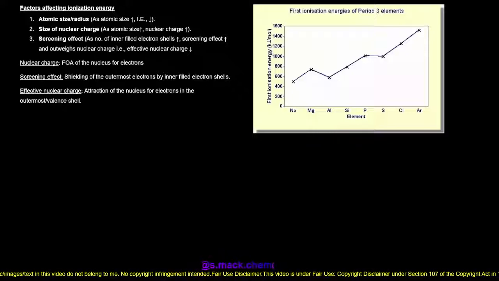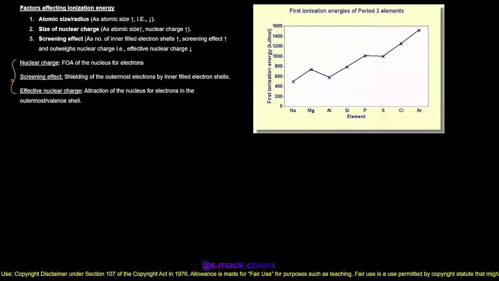Alright, so I'm looking at my three points here. But before I do, I will just reiterate what is atomic size or atomic radius. The atomic size refers to the distance between the nucleus and the outer shell.